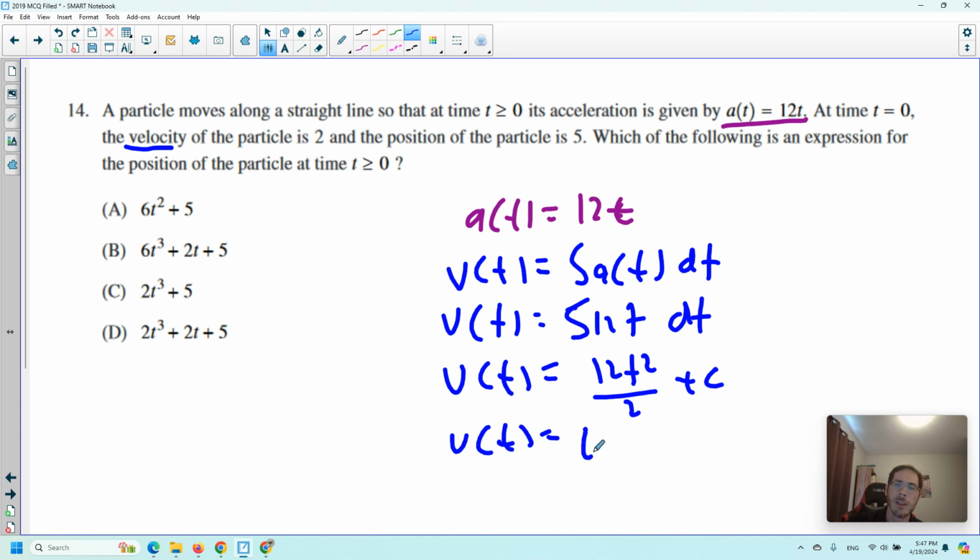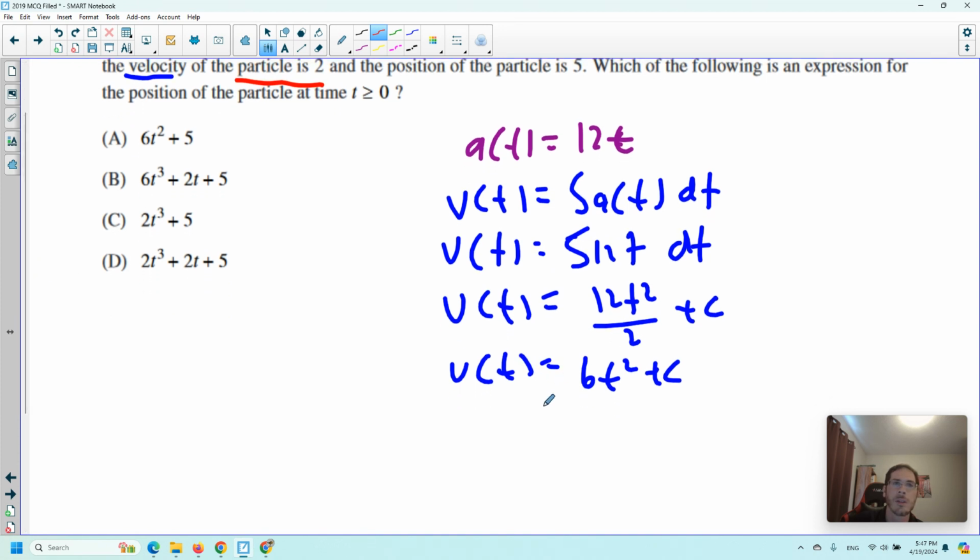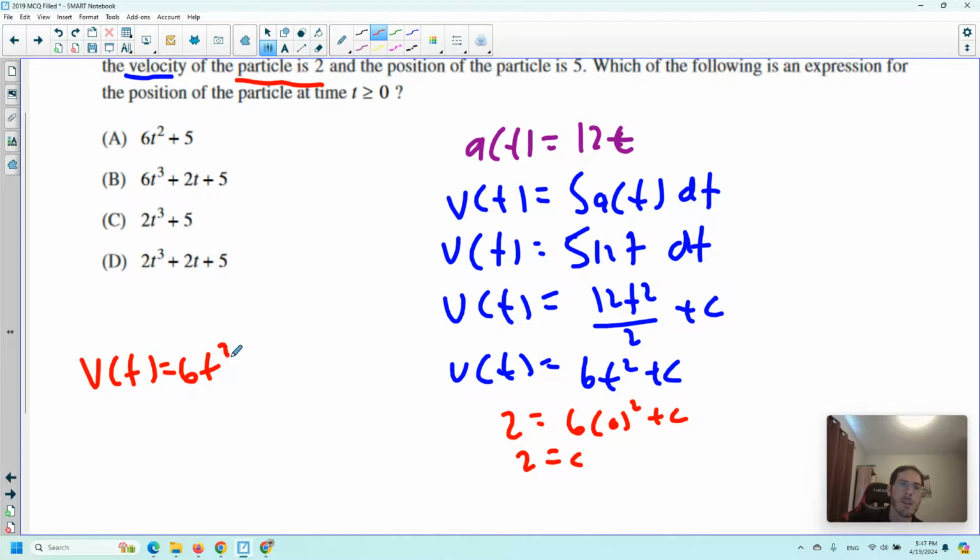So the velocity is 6t squared plus c. Now we're told the velocity of the particle is 2 at time t equals 0. So we know that we're going to get 2 if t is 0. Well, that means that 2 equals c. And so now we know v of t is 6t squared plus 2.